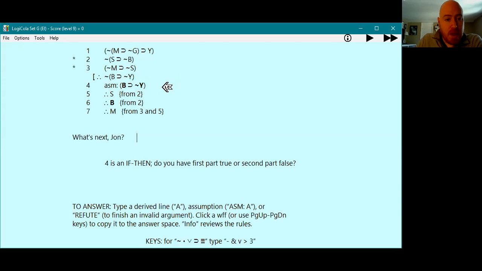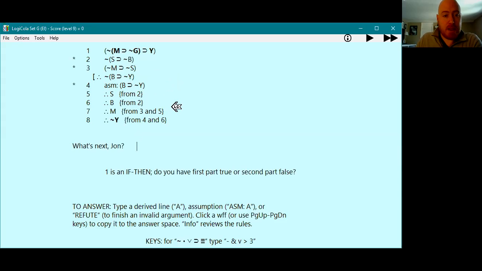Now, on line 4, we have if B, then not Y, and we have B on line 6. So by modus ponens, we can get not Y on line 8, from 4 and 6. Then Y is being used up here as the consequent of this conditional.